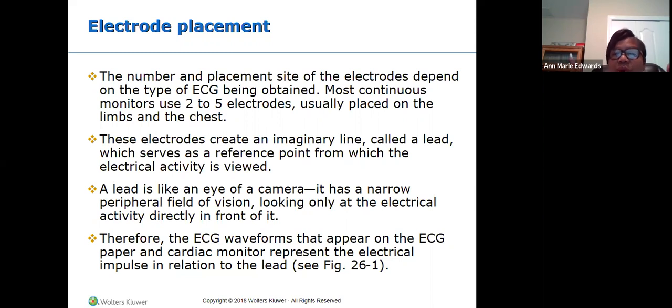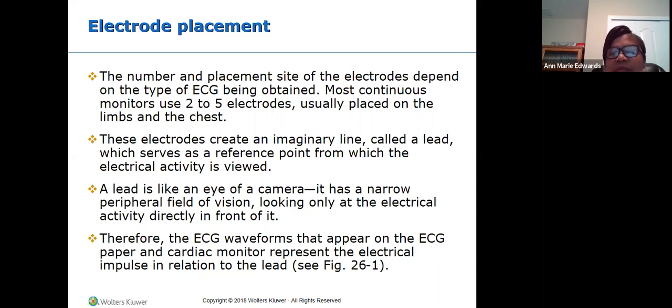It has a very narrow peripheral field of vision, so it can only see what is in front of it. So it looks at the electrical activity directly in front of it. And that's why we have to have different leads, because we're not going to view the heart from one direction. The different leads allow us to view the heart from different angles.